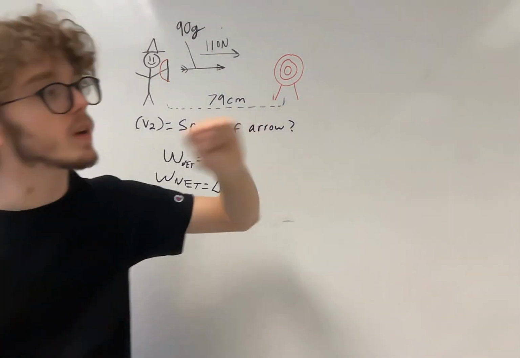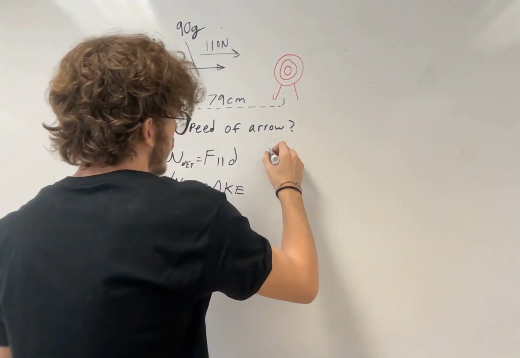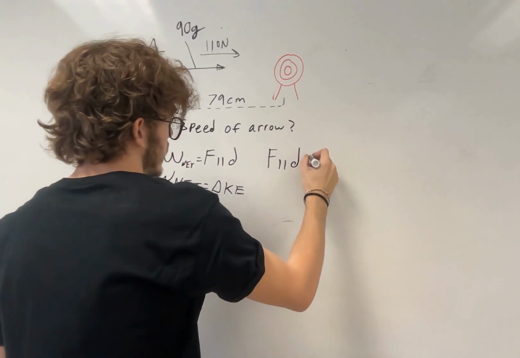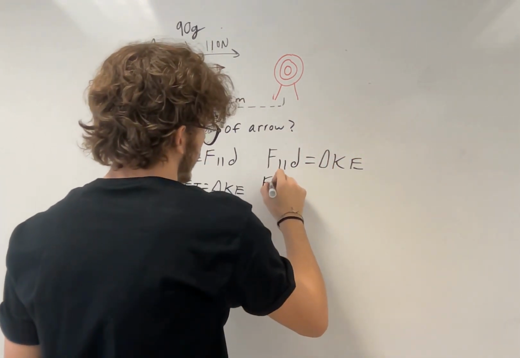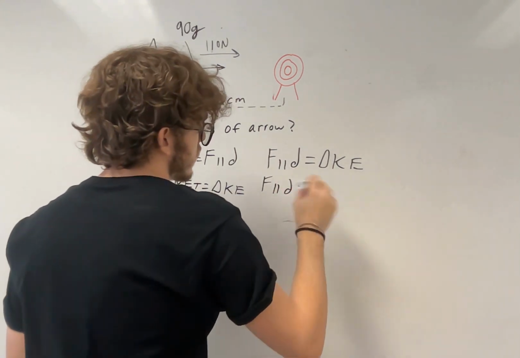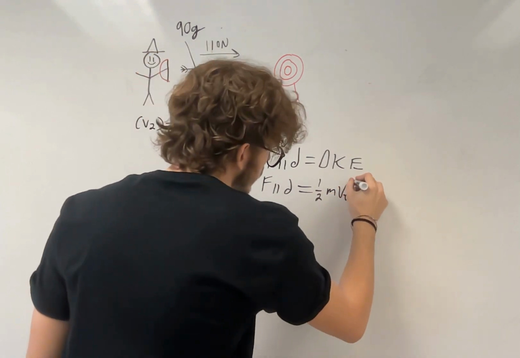So we can make a relationship here, which is important. We can say that the force in the parallel direction times the distance is equal to the change in kinetic energy, which also simplifies to the parallel force times distance is equal to 1/2 mass velocity final squared minus 1/2 mass velocity initial squared.